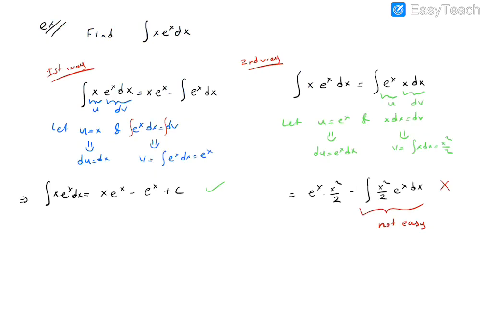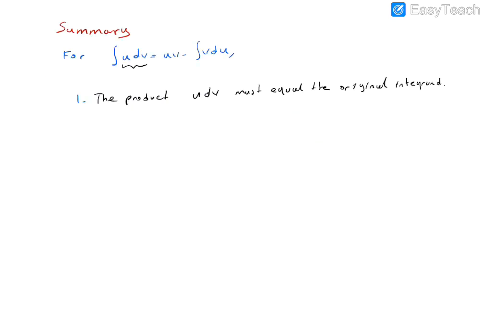In the previous example, u is x, dv is e to the power x dx, so x times e to the power x dx is the original integrand. There is no term missing.